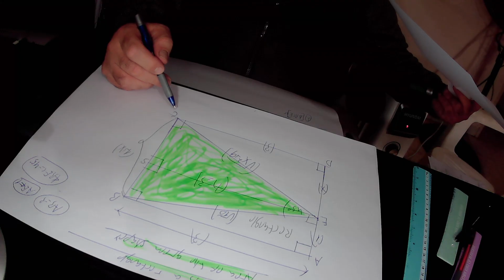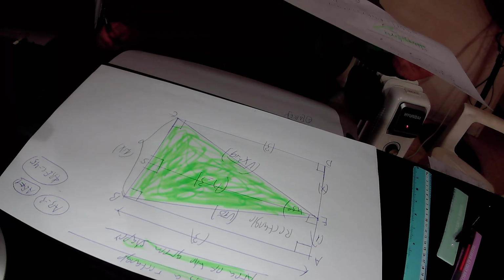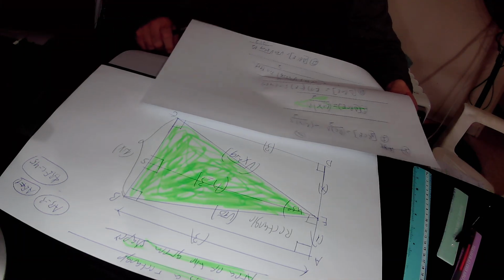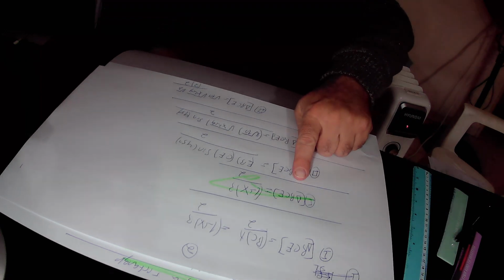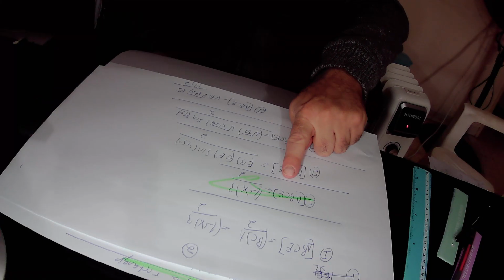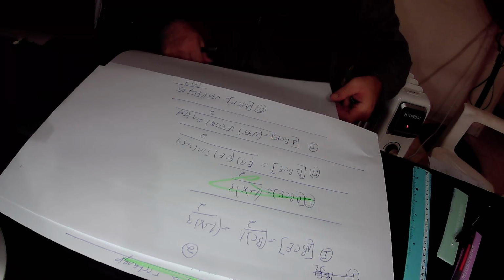It is equal to the base BC times the height over 2. We found out that according to the first method of calculation, the area of the green triangle BCE equals 1 plus x times 3 over 2.